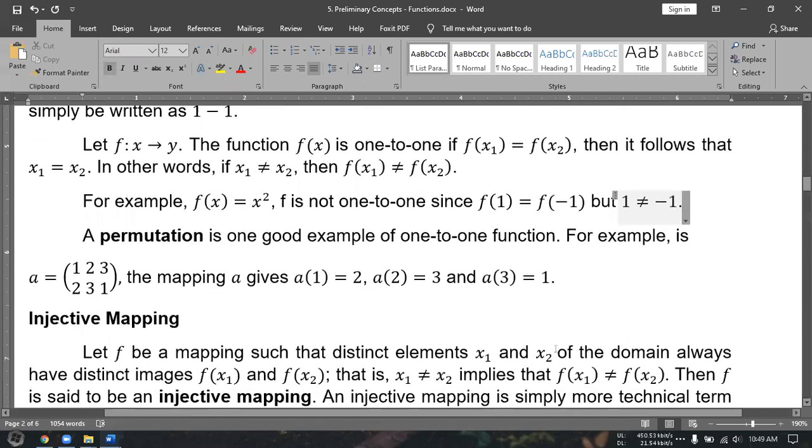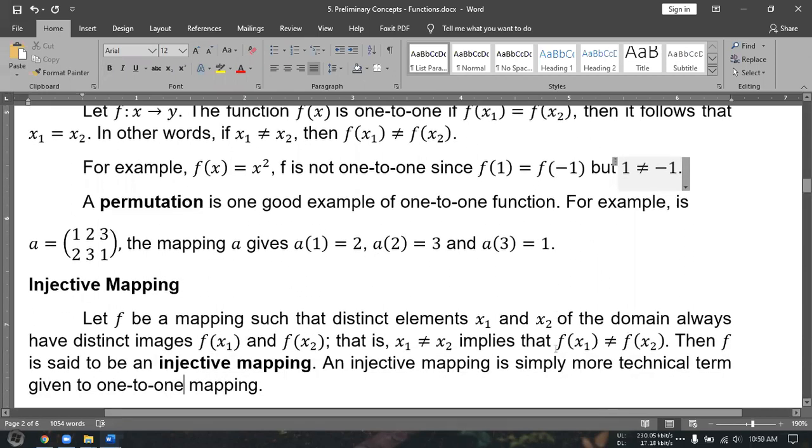Now we have injective mapping. Let f be a mapping such that distinct elements x sub 1 and x sub 2 of the domain always have distinct images. That is, x sub 1 is not equivalent to x sub 2 implies that f of x sub 1 and f of x sub 2 are also not the same, or yung kanilang images are not the same.